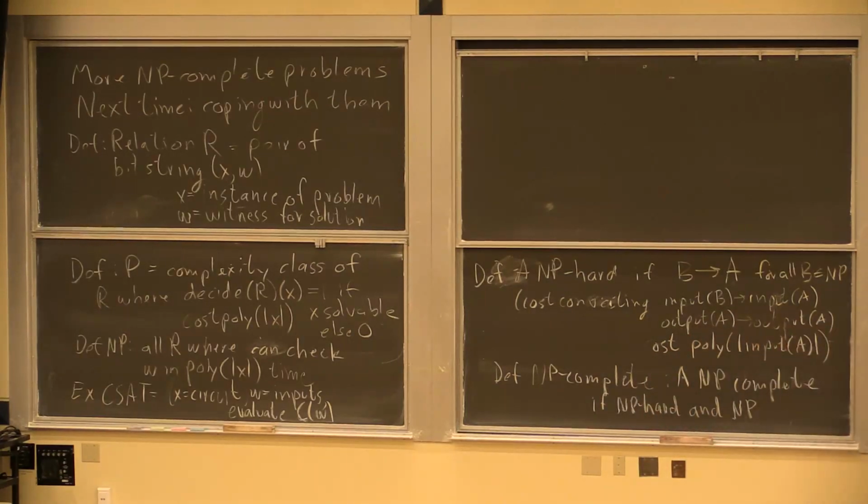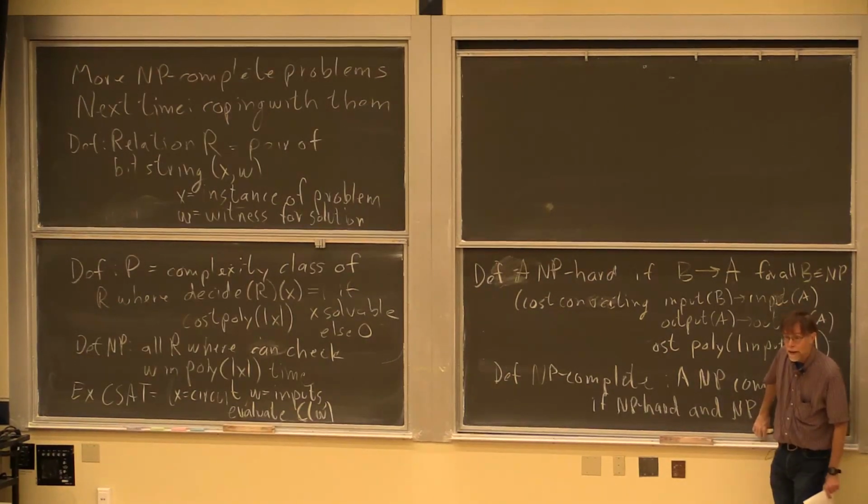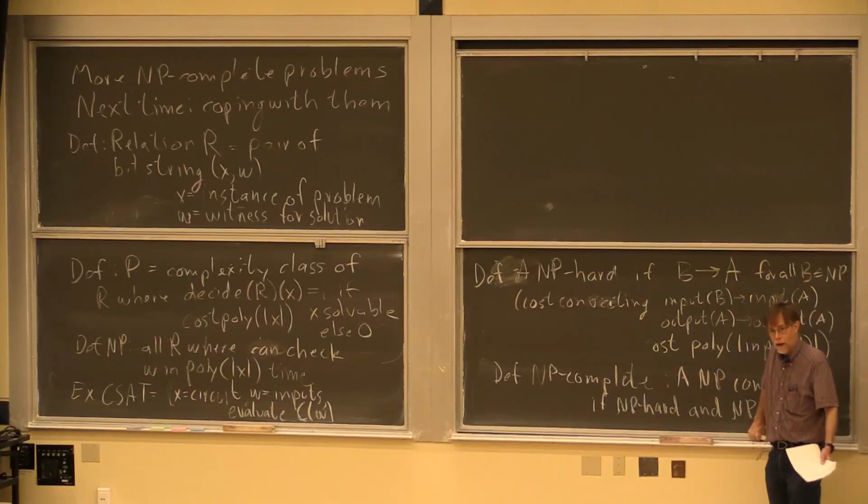And the canonical example we did last time was CSAT. This is just sort of a review of the definitions. Are there any questions about that before I sketch the tree of how we're going to prove it? So I'll remind you what we did last time, and then I'll tell you what we're going to do this time.